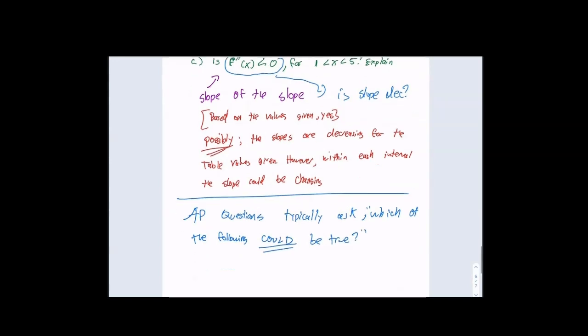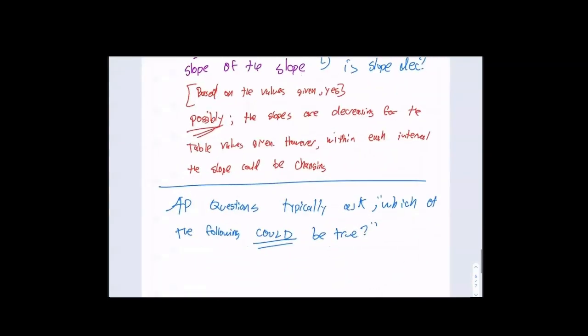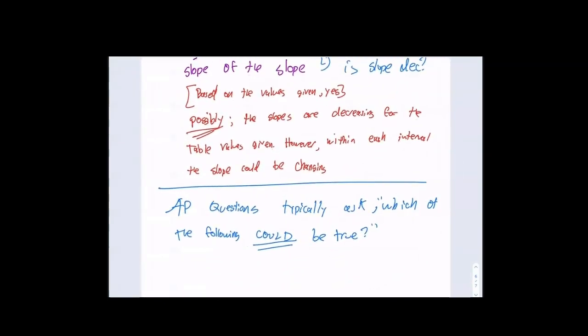So that's how the AP exam typically asks it. Which of the following could be true? And in that case, question B and question C, those would be yeses. It could be true based on the table values, based on the slopes. It could be true. Now, it doesn't mean it has to be true.